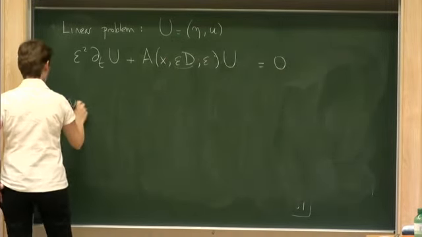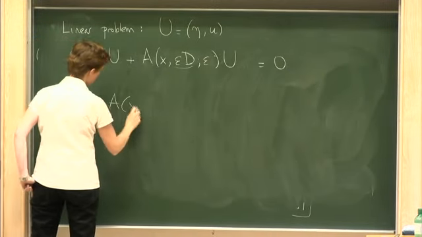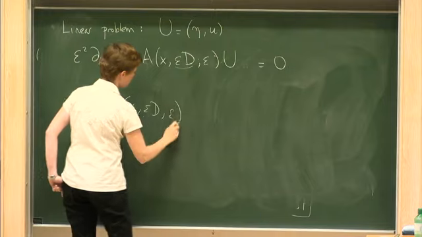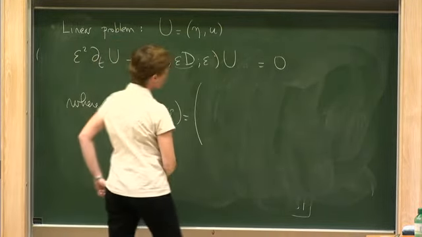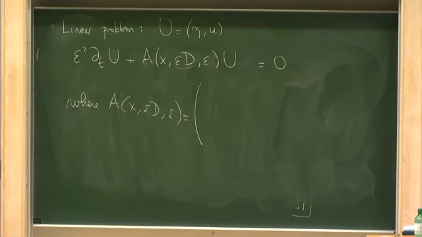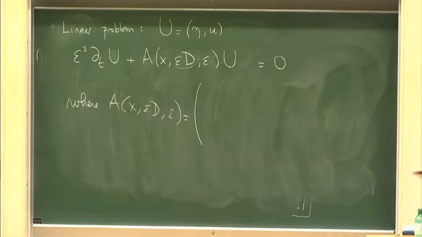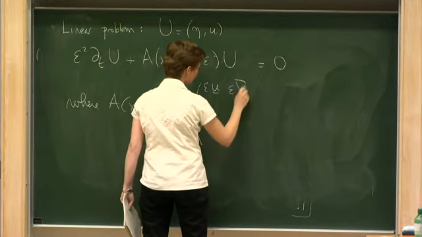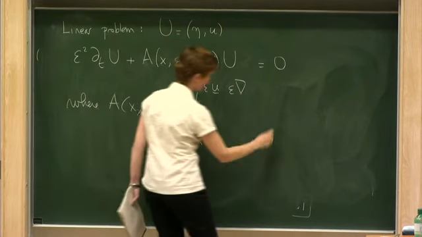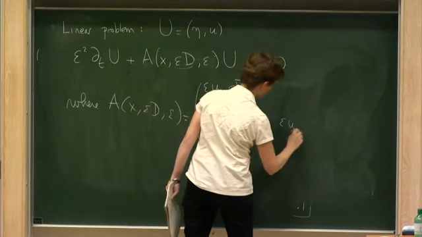Okay, so let me write this A. So it's a matrix. What do I have on the diagonal? I just have the transport by u bar, so it's epsilon u bar, and then I said I had epsilon derivatives. So on the diagonal, I have this transport.